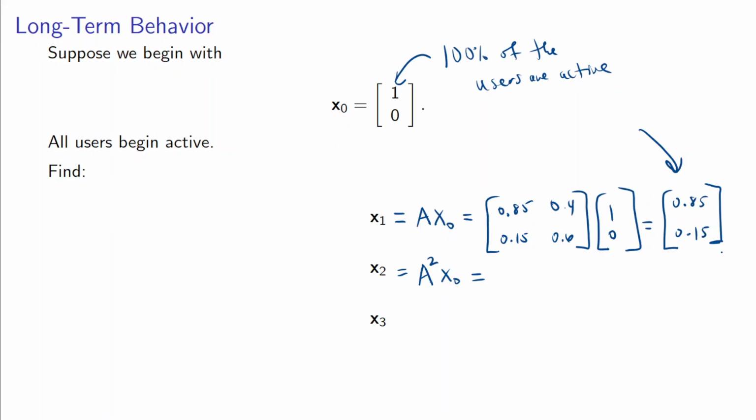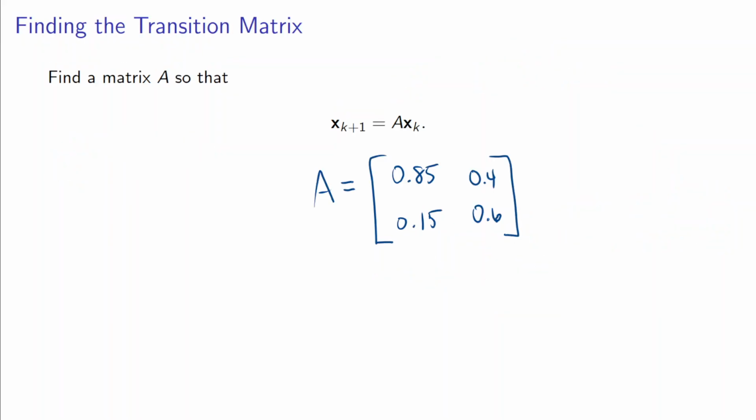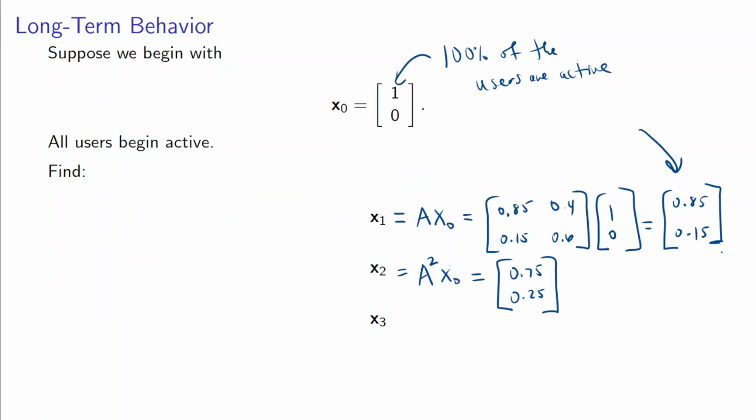And then you can look at more and more powers as you go. So just putting this into my calculator here, let's go through the math. Okay, and this is going to round to about (0.75, 0.25). And so after 2 months, 75% of the users would be active, 25% inactive.